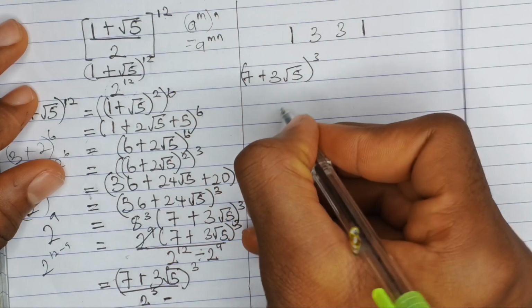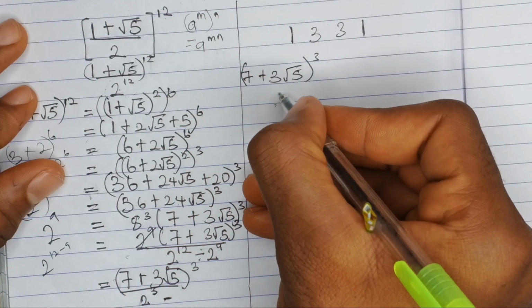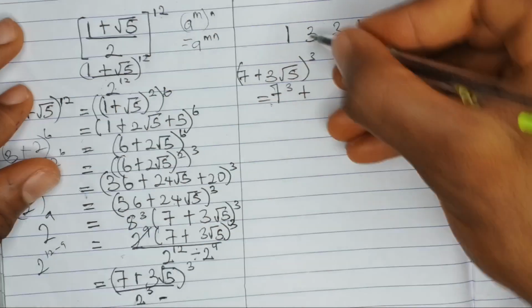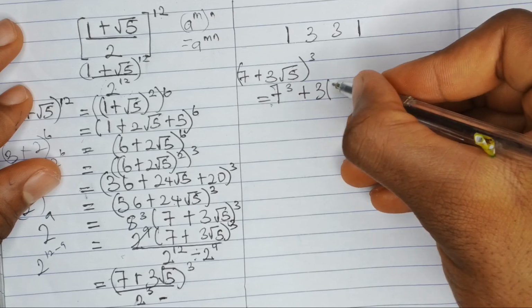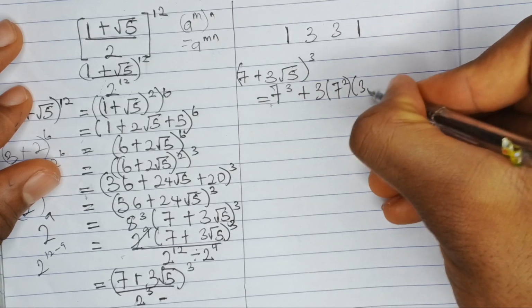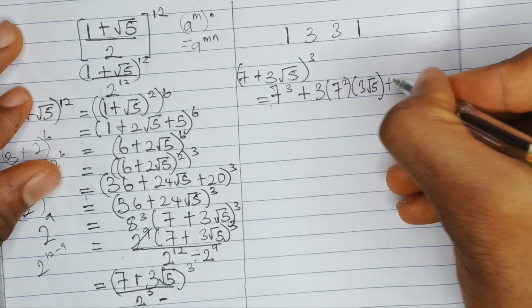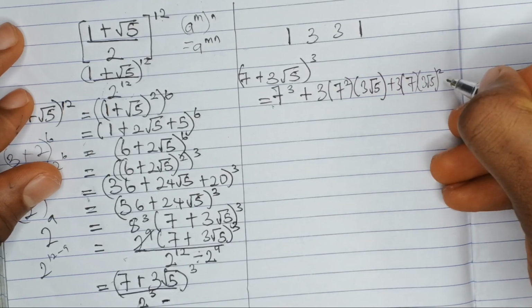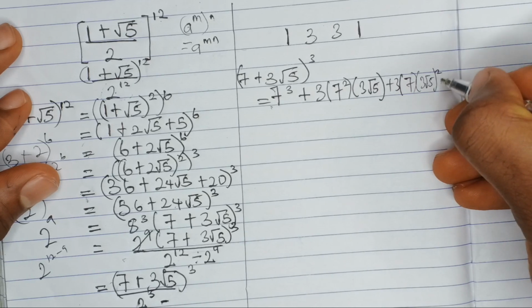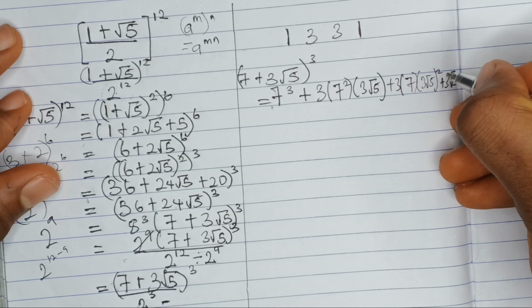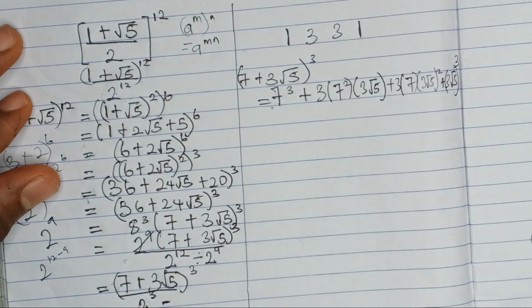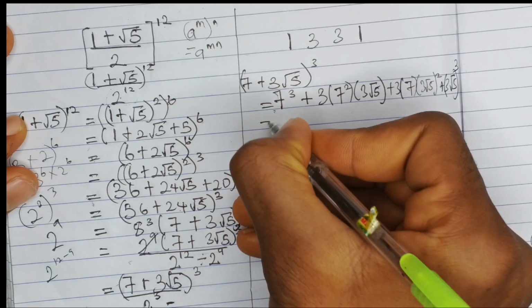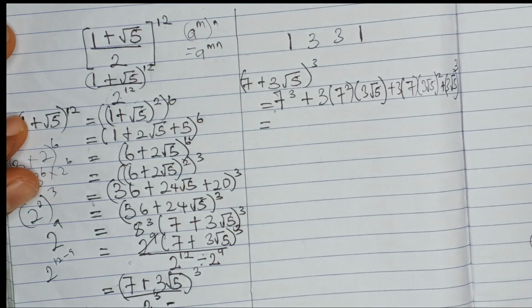So, the first term is 7 raised to power 3, plus, now this is 3, so bring down 3 into 7 squared times 3 root 5. We also have plus 3 again into 7 times 3 root 5 all squared. Then we have plus 3 root 5 raised to the power of 3. Once you've gotten here, the next thing to do is to say 7 raised to the power 3 is equal to 343.